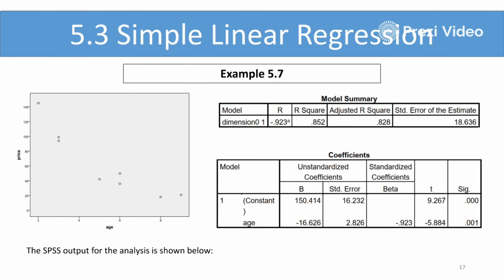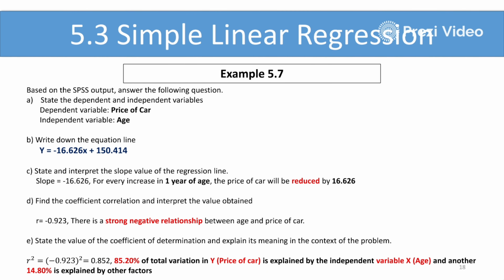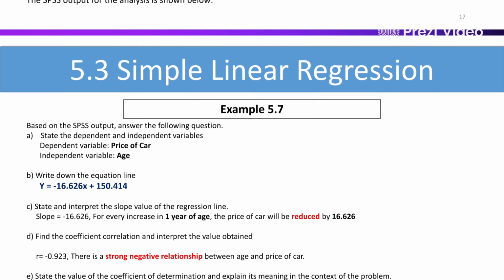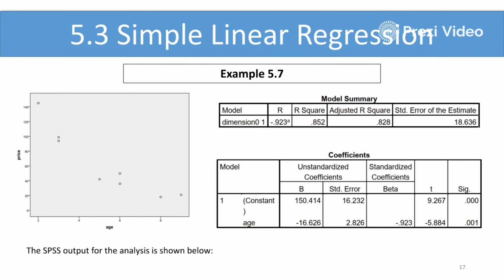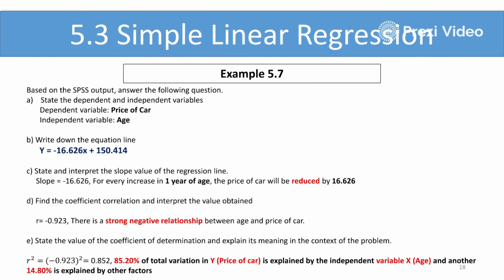So coefficient dia kita dapat negative 16.626 X plus our intercept value ataupun constant which is 150 which we obtain from here. Yang tak ada X ni, constant ni memang letak seorang-seorang dia. Kalau negatif, negatif lah. Kalau positif, positif lah.